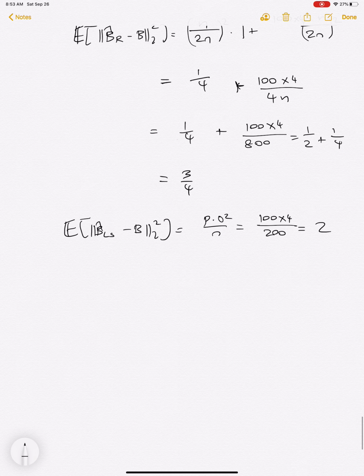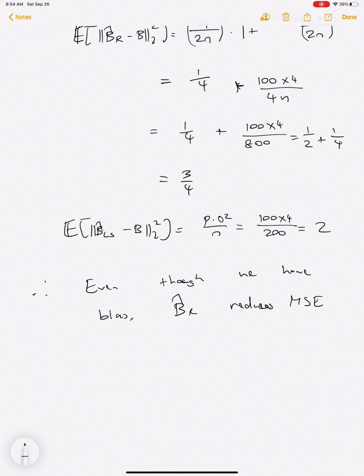So once again, you can see that in this case, even though we have bias, beta hat R reduces the MSE, because the variance reduction is greater.